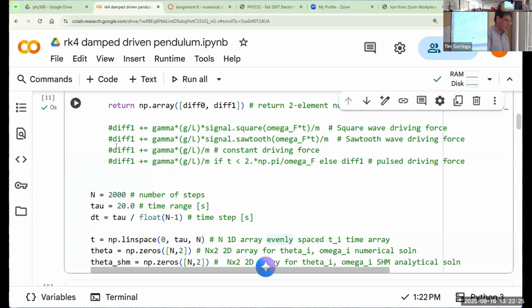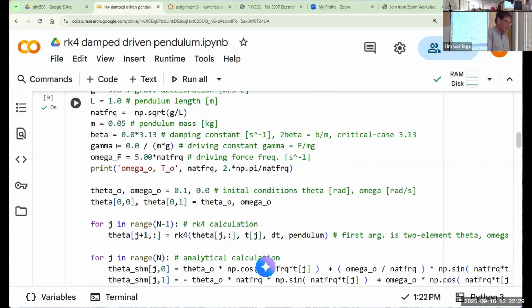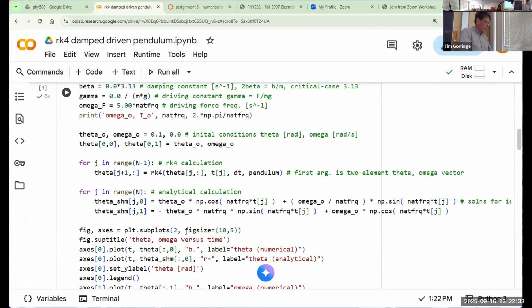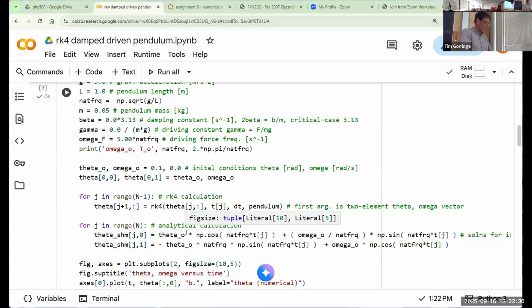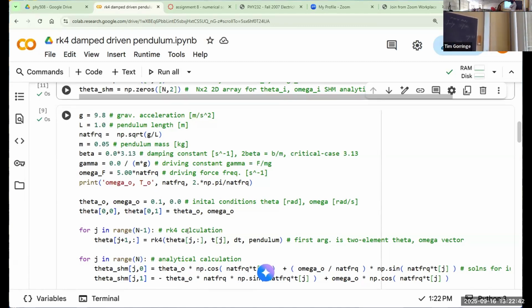Okay. So now this next cell, make it a little bit smaller. Okay, I can get all the calculation on one screen. This is the entire calculation in this one cell here.